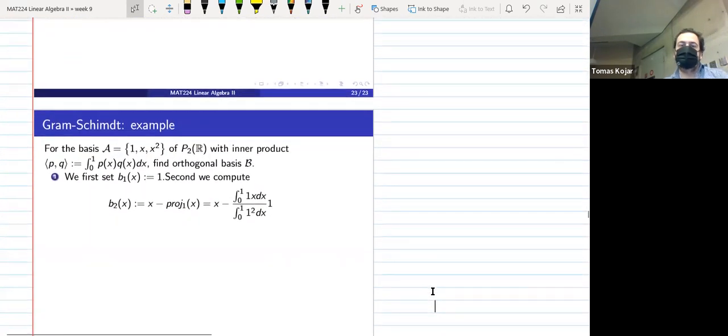So let's find this. You just have to compute these inner products. So 1 with x, and then the norm of 1 squared. Like we just said before, this guy is a half. Okay, I have the answer.